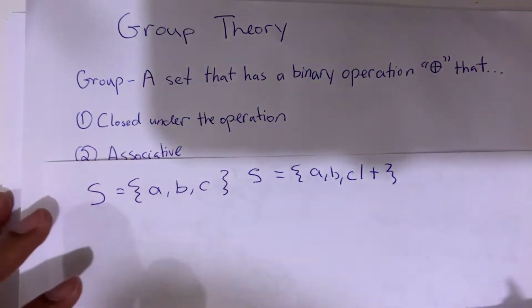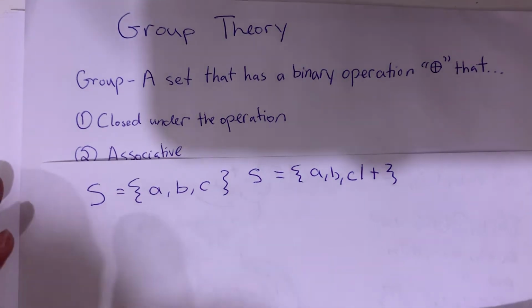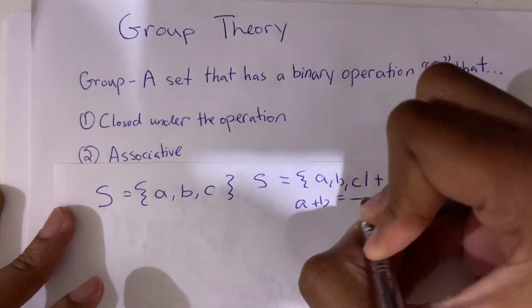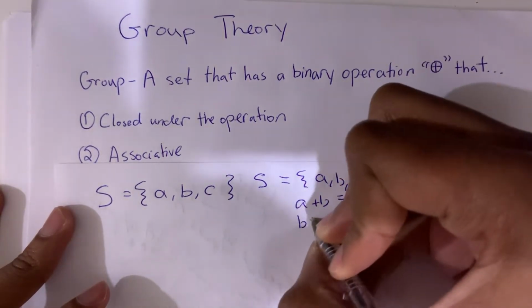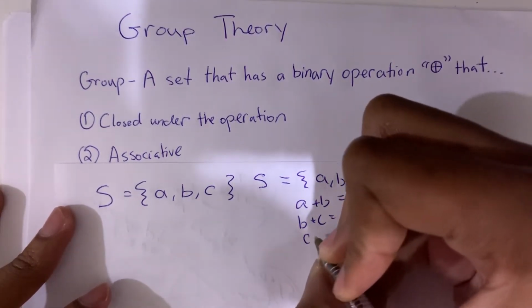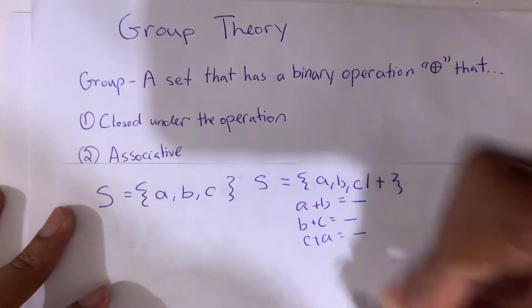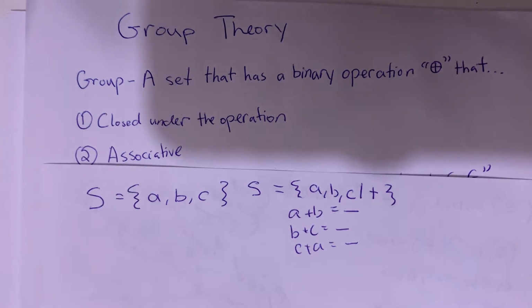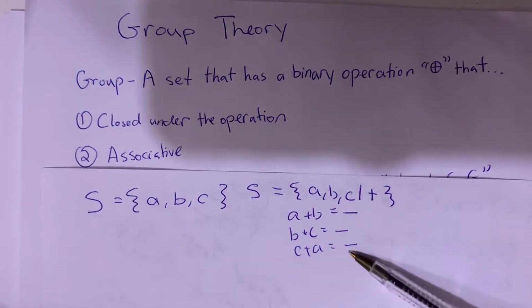If we have some notion of addition on this set, we can now add elements in this set and get some other value. You can add B and C, you can add C and A. We have some operation here that we can impose on the elements of the set.